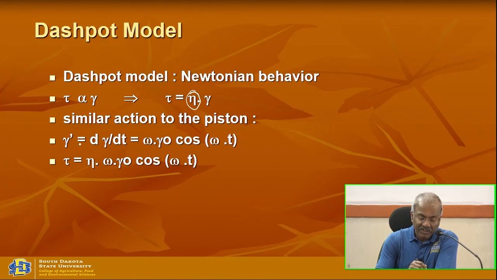So, when you have the shear rate, it is a function of time. So, you get angular velocity times the maximum strain, function of cos omega t. Previously for the spring model it is sin omega t, but for this dashpot model, it is a cosine of omega t.